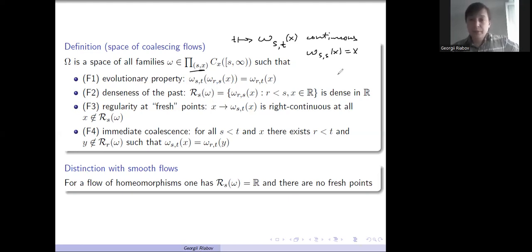This property means that we fix time s and look at all continuous functions from the family that started before time s, and their values at time s must be a dense set.